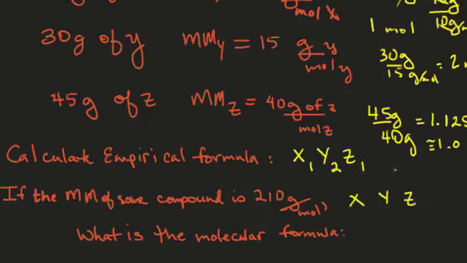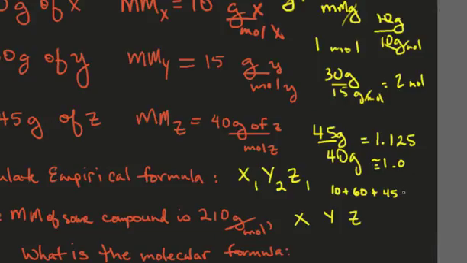So we got 1 of X. X was 10 grams per mole, so we got 10, plus the 2 Y's, which was 30, so that's 60 when you get 2 of them, plus the 45, gives you a molar mass, not molecular mass, of the empirical formula.